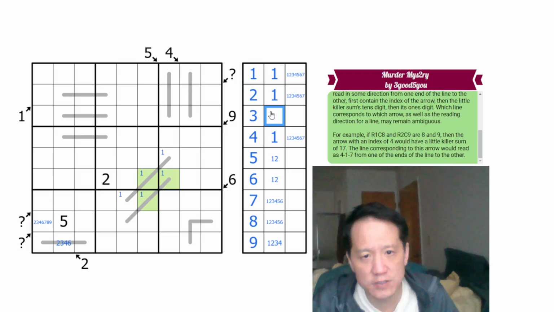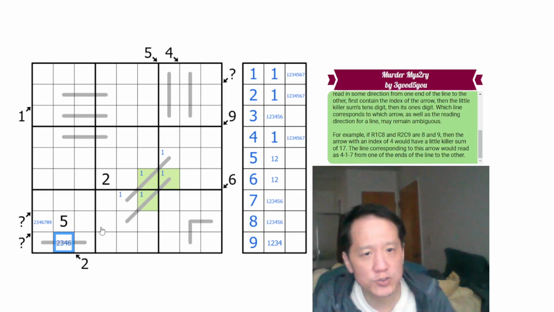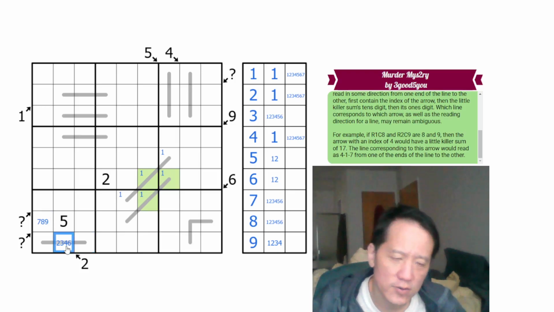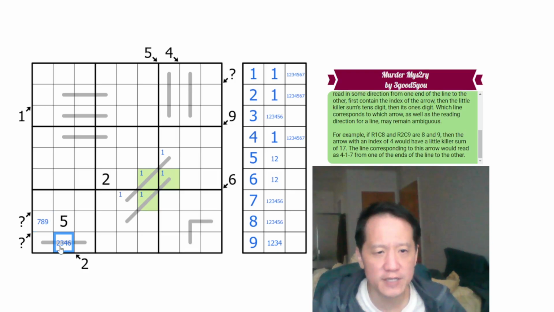So this can only be at most 1 through 6, and 1 through 6. So this is at most 2, 3, 4, and 6, which means this cannot be 2, 3, or 4. It can't be 6 either, because it has to add up to at least one in the tens digit, right?